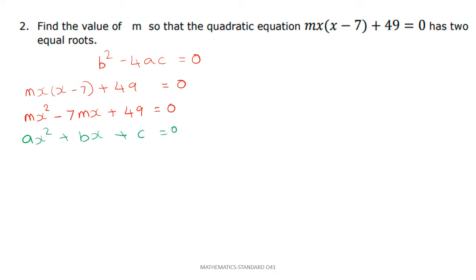When you compare, what is the coefficient of x squared? M. So a equal to m, b equal to minus 7m, and c is 49. Now we can substitute the values.